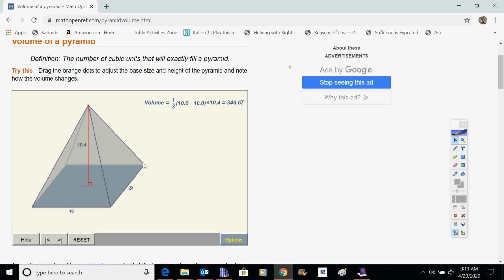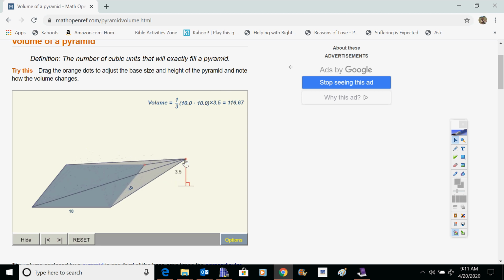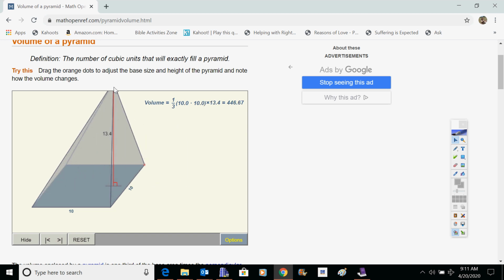It allows us to, if you grab onto it, make the pyramid smaller, and it changes the value. Here our height has changed. Even if the pyramid is oblique and comes out like this, the height is going from that base to that corner, even if it goes sideways or weirdly like that. So we've got the area of our base times our height.